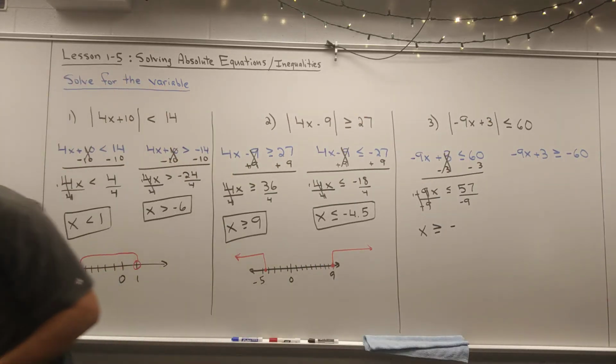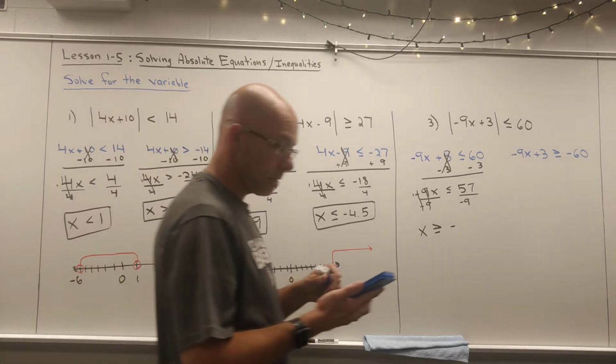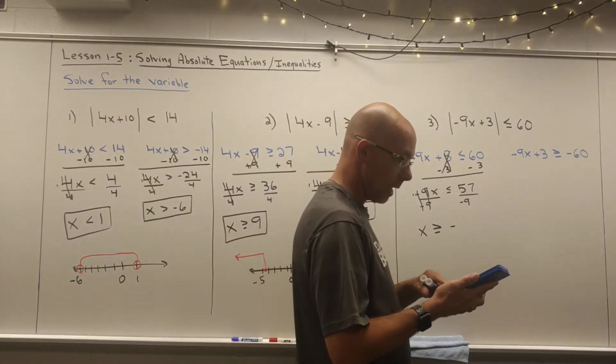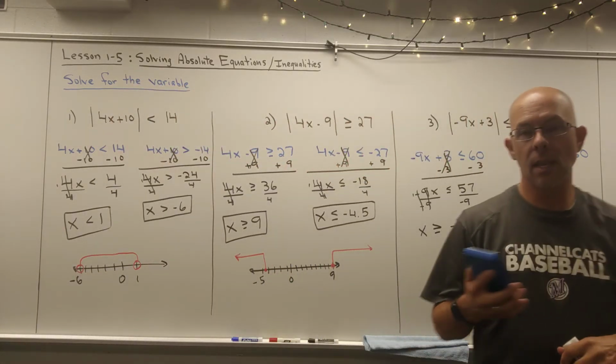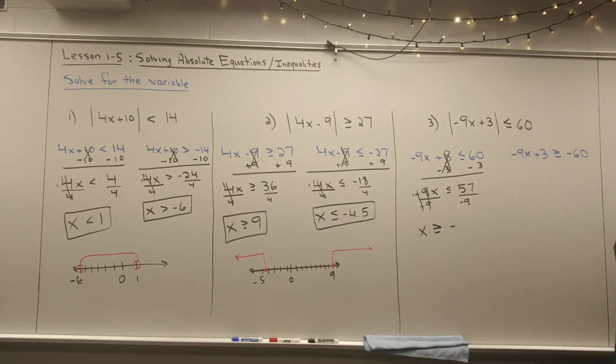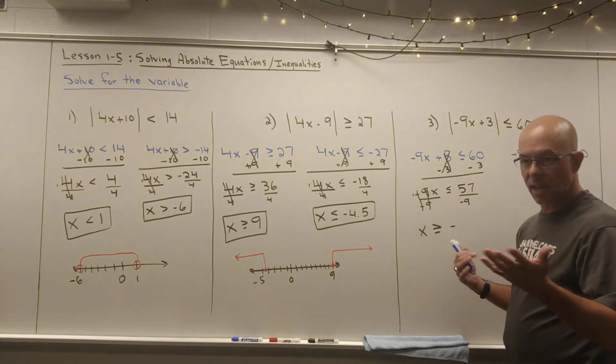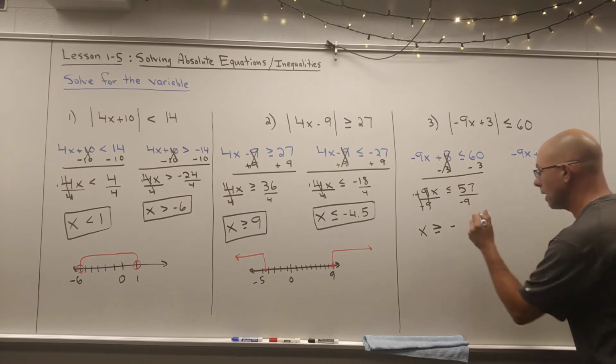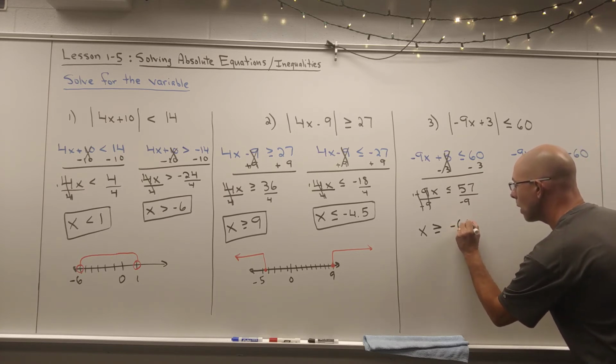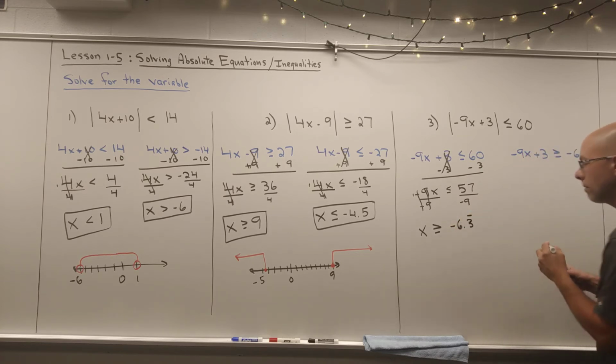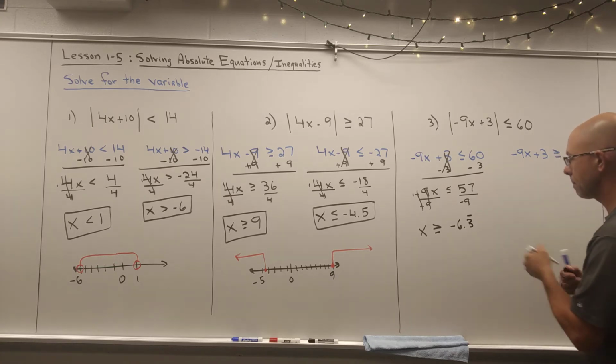Let's see what we got here. We might not be dealing with a very nice number here. 57 divided by negative 9 is negative 6.3 repeating, which is negative 6 1/3. But I'll call it negative 6.3. I'll put the line above there to call it repeating.